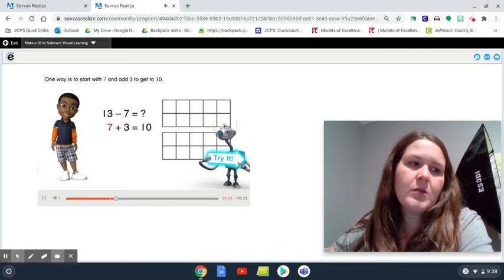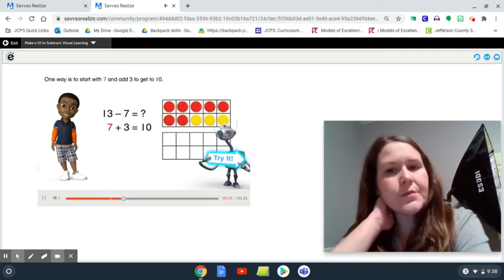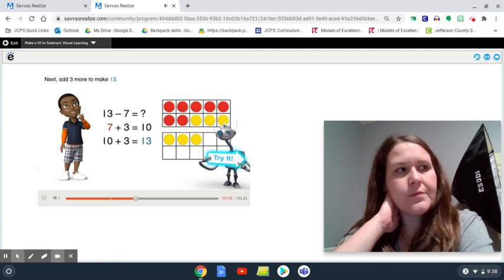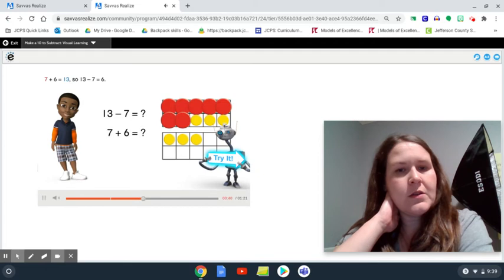One way is to start with 7 and add 3 to get to 10. Next, add 3 more to make 13. 7 plus 6 equals 13.